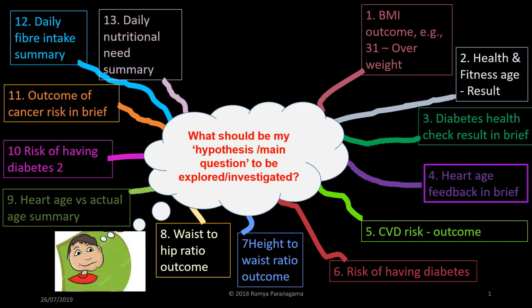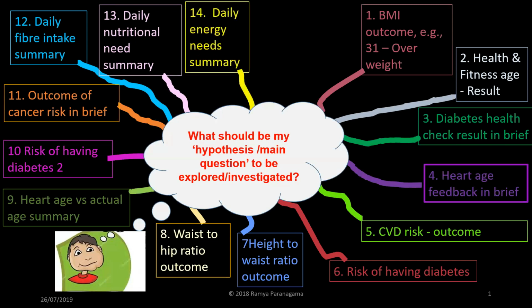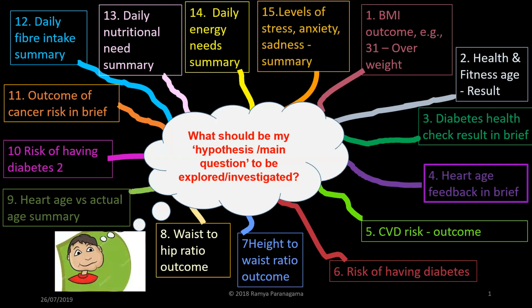Number 13, your daily nutrition requirements. And number 14, daily energy needs. And finally, one of the most important areas, the mind, the characteristics related to the mind: stress, anxiety, depression, sadness.